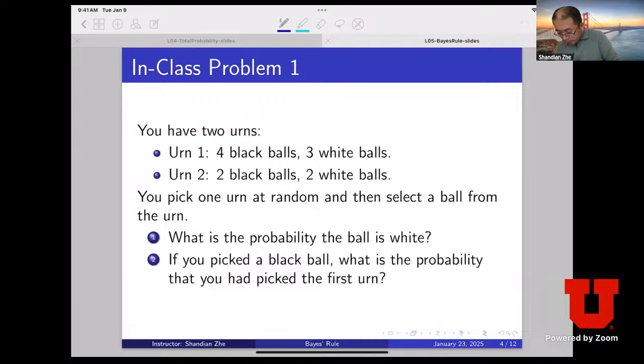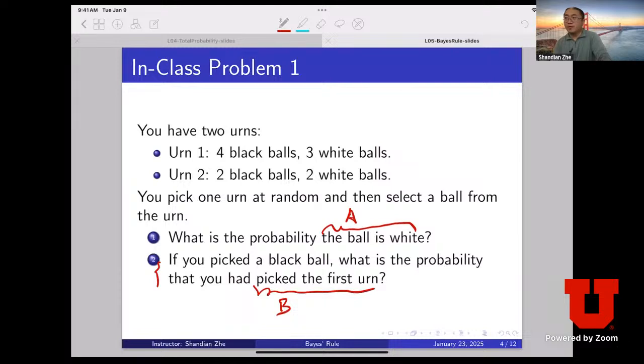We can define the ball is white as the event A. Then, more interestingly, consider another event, that you picked the first urn, which we call event B. We're interested to know if you picked a black ball, what's the probability that you had picked the first urn? So this is a conditional probability.